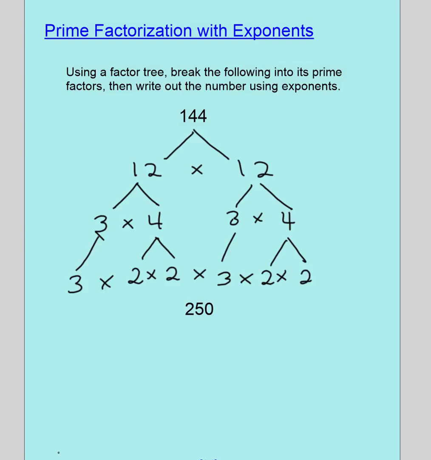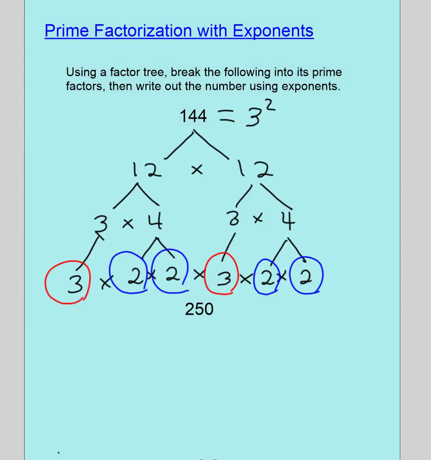What you can now do, a little bit different than last year, something new for grade 7, is to write that in exponential form. So count up, how many times do we see a 3? I see a 3 twice. How many times do you see a 2? I see 4 2's. So now I can write 144 is equal to 3 to the exponent of 2, because there were 2 of them, times 2 to the exponent of 4. And that is going to be the answer that we're looking for in grade 7.